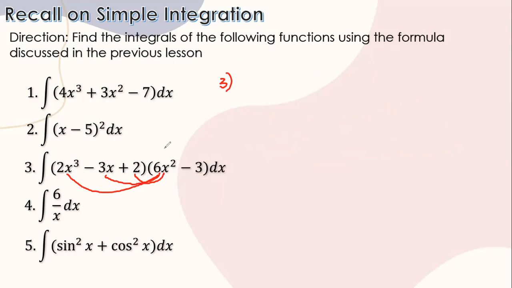So 2x cubed times 6x squared is 12x to the fifth. Then negative 3x times 6x squared is negative 18x cubed, plus 2 times 6x squared is 12x squared, minus.